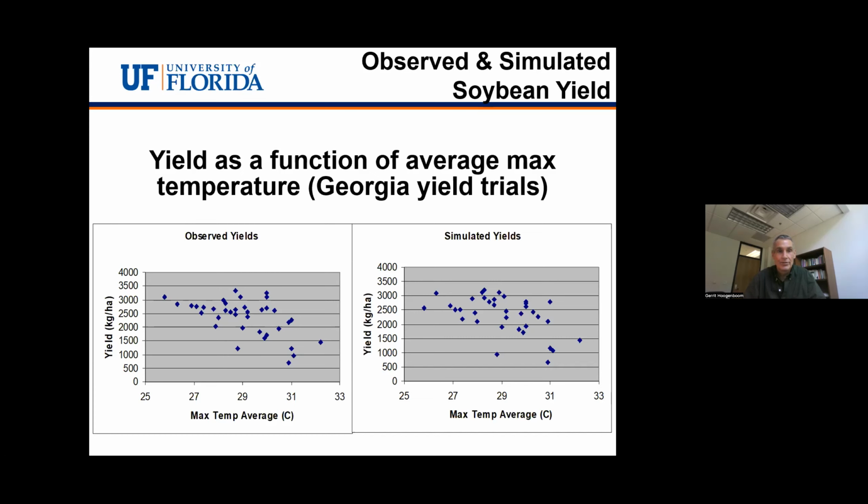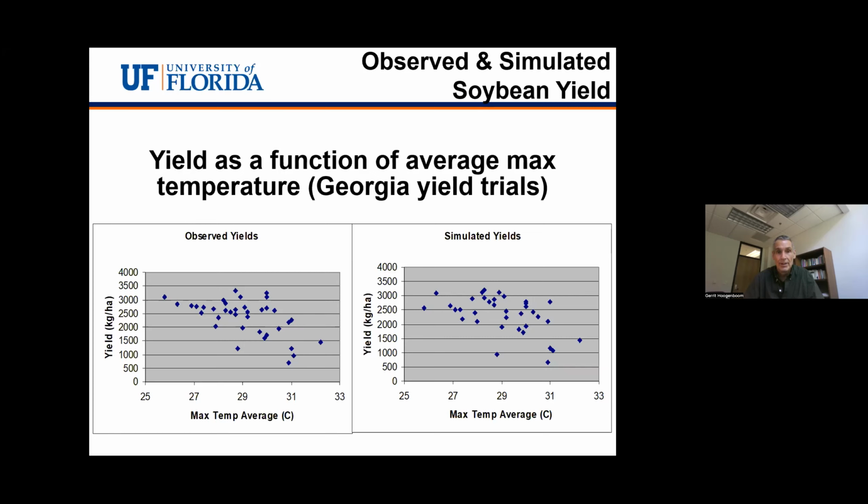So one of the questions in the chat is on how many years of research data is recommended for appropriate simulations. So if we purely talk about model calibration, we recommend that you have at least 2 environments, preferably 2 different years or 2 different locations for calibration of your, especially cultivar parameters.